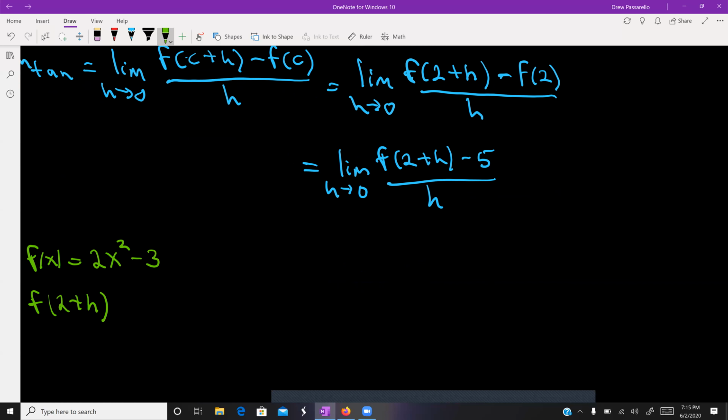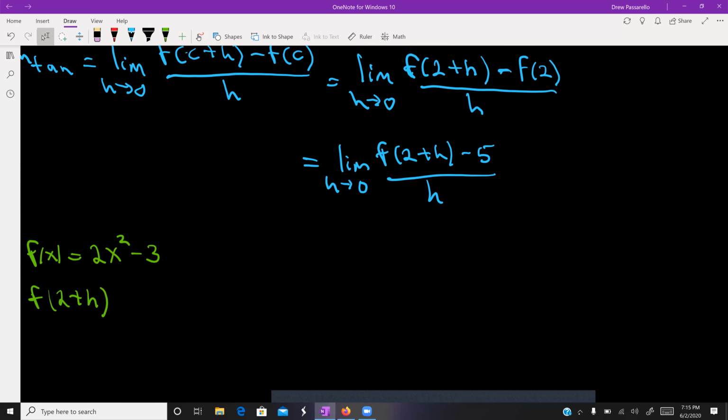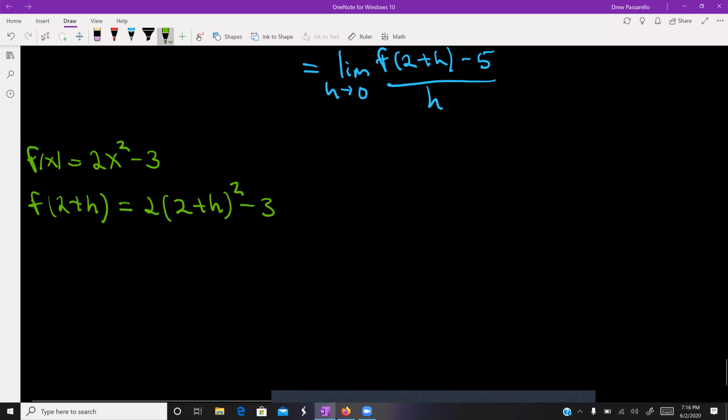So anywhere there's an x, I plug in 2 plus h. So this is equal to 2 times (2 plus h) squared, and then minus 3. From algebra class, if you have a binomial like (a plus b) squared, that turns into a squared plus 2ab plus b squared.